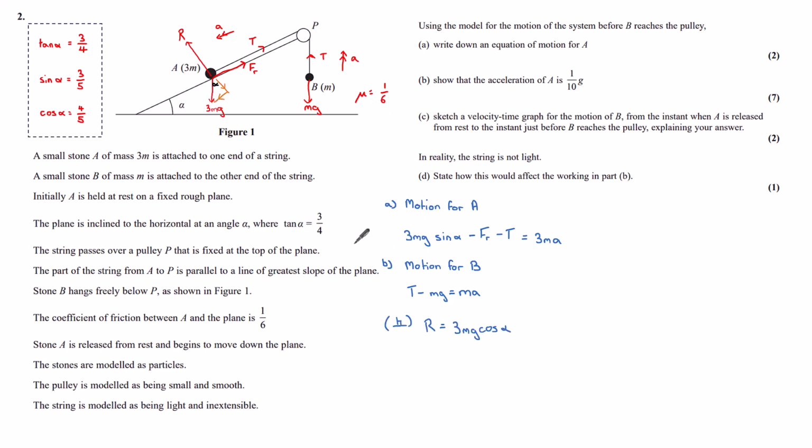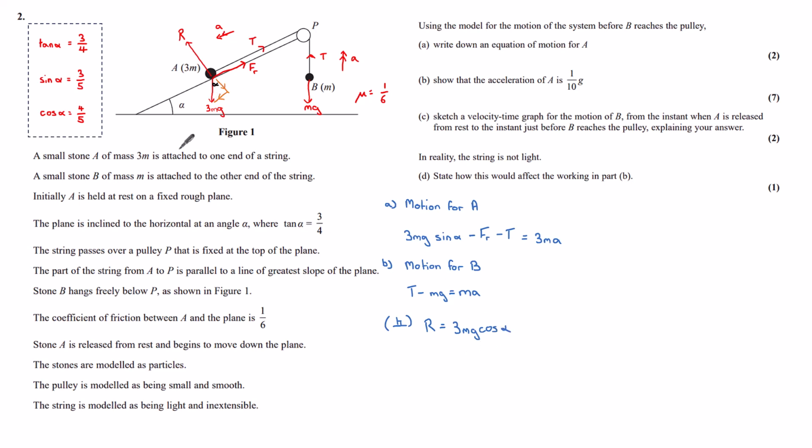So let's look perpendicular to the plane. Resolving forces perpendicular to the plane, the force outward, which the only force is R, is equal to the force into the plane, which is this component of the weight, which is 3mg cos alpha.